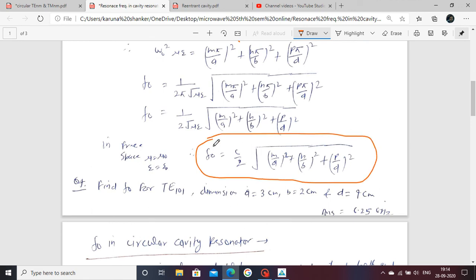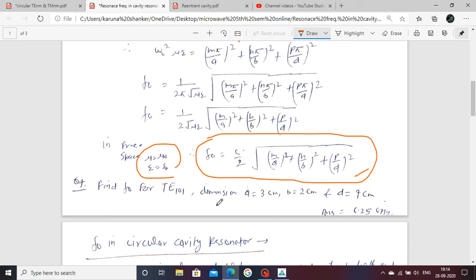Now some numerical examples. In free space, as we have already seen, mu is equal to mu naught and epsilon is equal to epsilon naught, and c is the velocity of light.